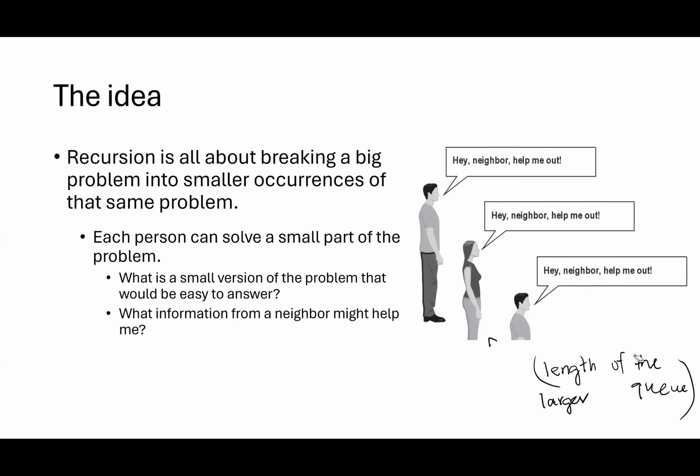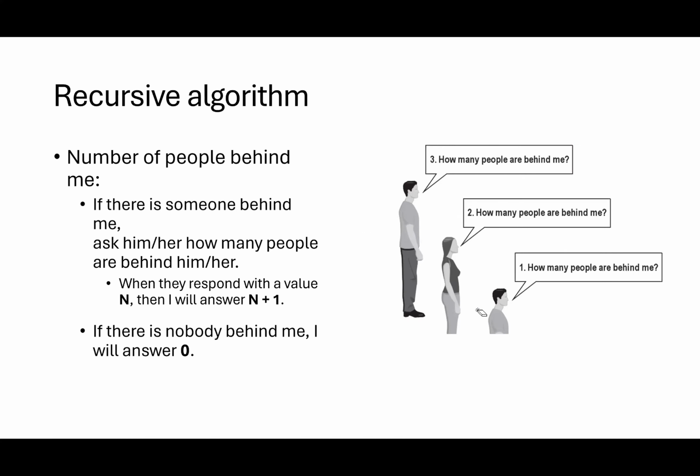Okay. So you made a recursive call. Now how do you get your result? If this person finally tells you, hey, there are n-1 people behind me, then you can use this result and add yourself: n-1 plus 1.